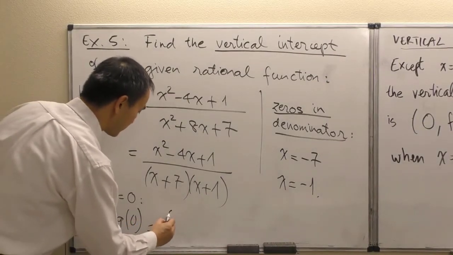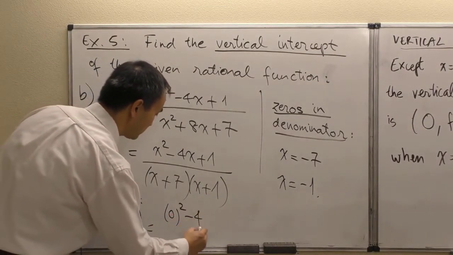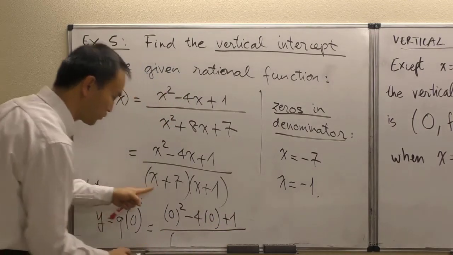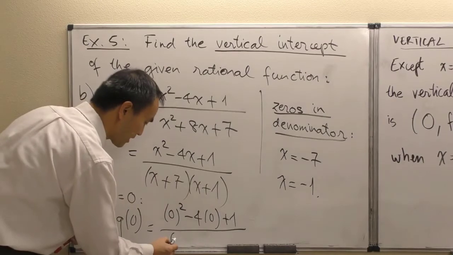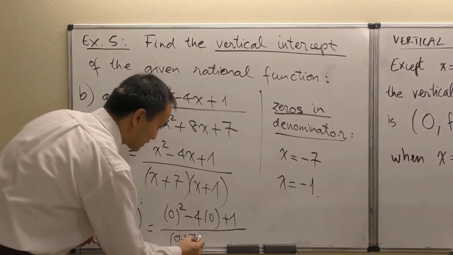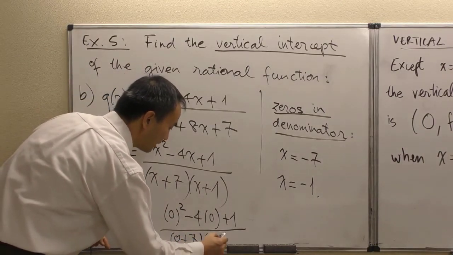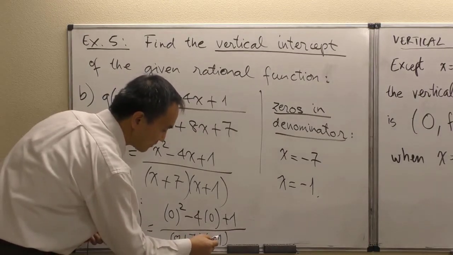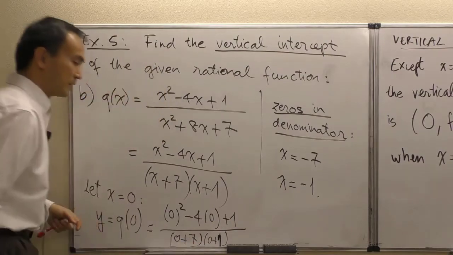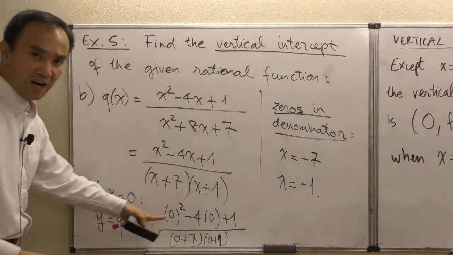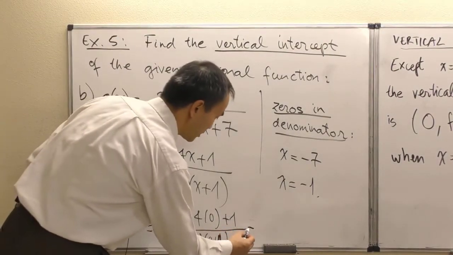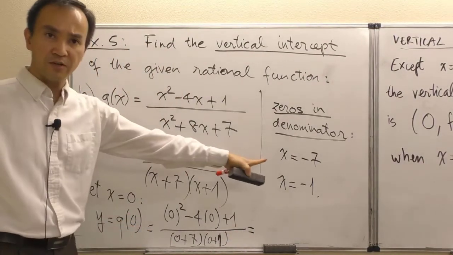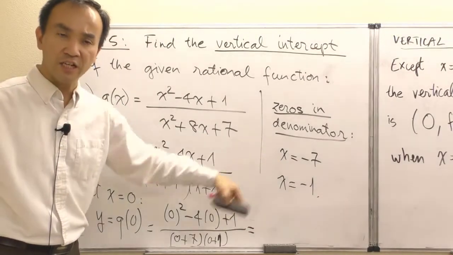I have input squared minus 4 times the input in the numerator plus 1, and we're dividing that by the factor form of the denominator, 0 plus 7 times 0 plus 1. We know for sure that we will have a defined final output because x equals 0 is not among our zeros in the denominator.